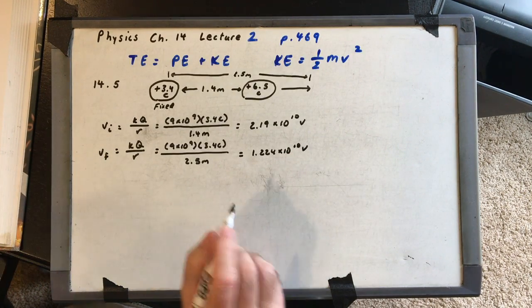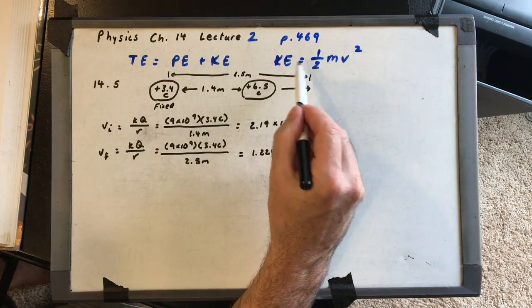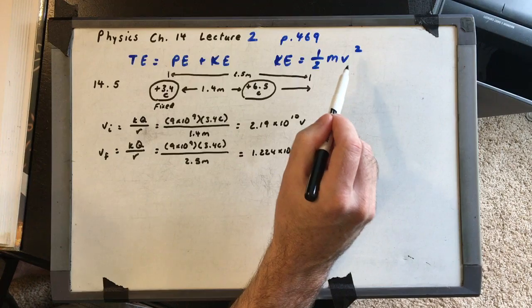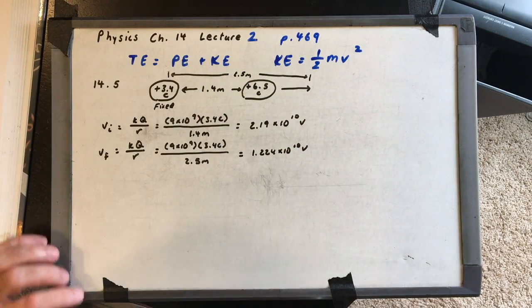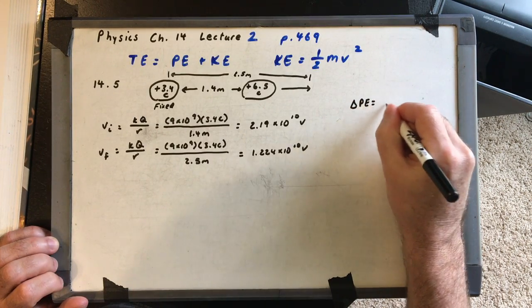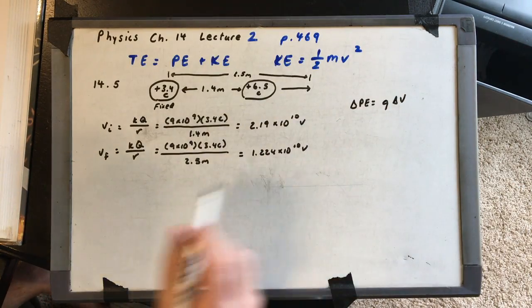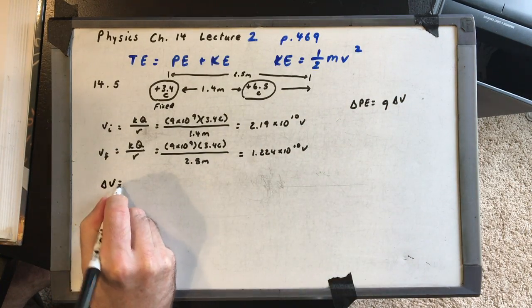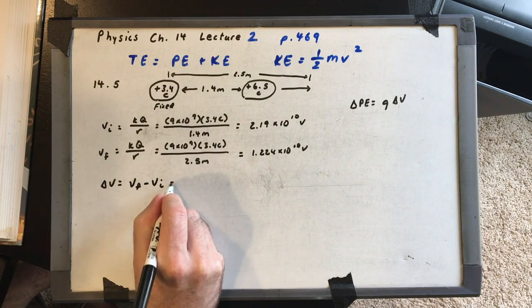In order to get velocity, we need to get kinetic energy, and in order to get kinetic energy, we need to get potential energy. To get potential energy, we know that the change in potential energy is q delta V. We know q, it's 6.5 coulombs, so let's get delta V. That's the final voltage minus the initial voltage.